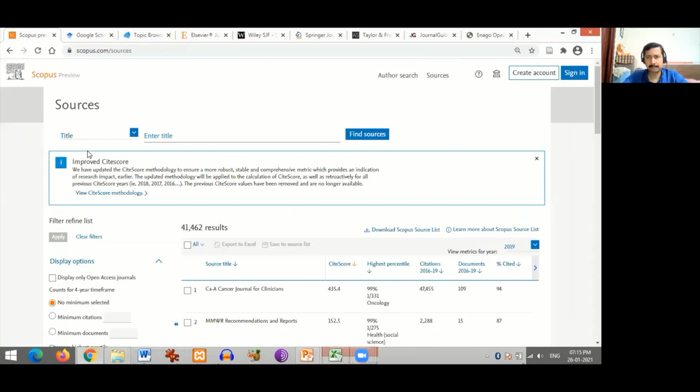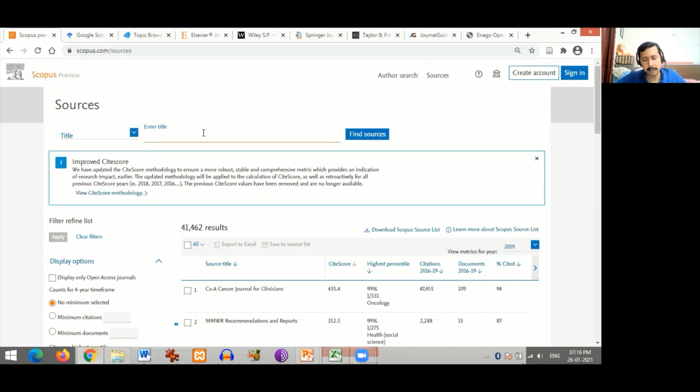Scopus sources list as of today contains 41,462 results, meaning those many journals. You may search for a journal based on subject area, title, publisher, ISSN. Once again, because Scopus is a product of Elsevier, all science journal classification is followed by Scopus in order to classify journals based on subject.